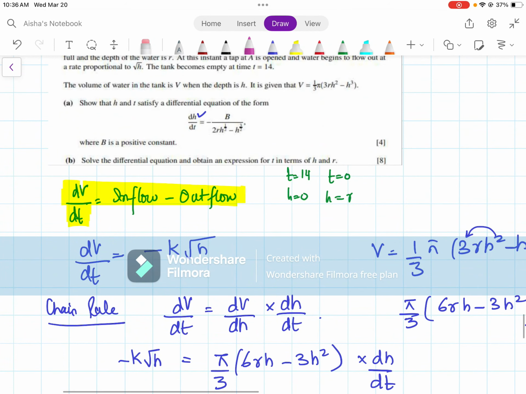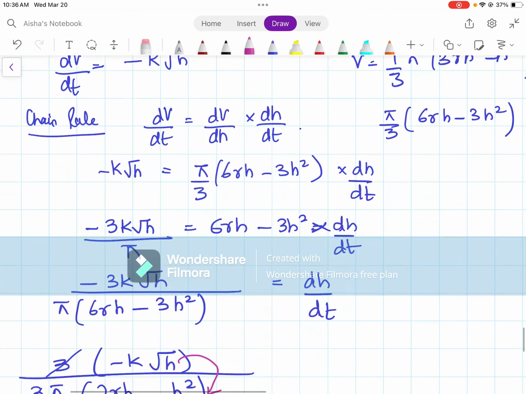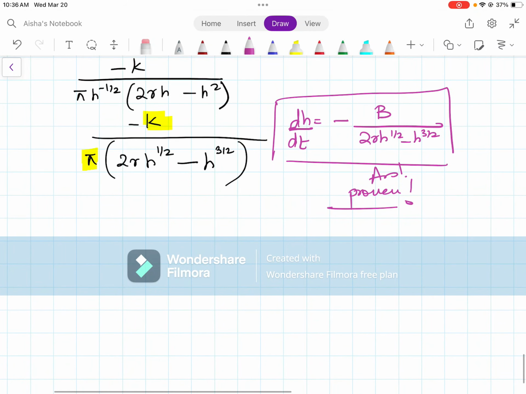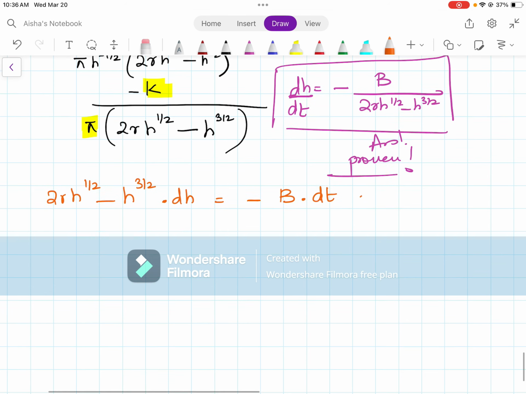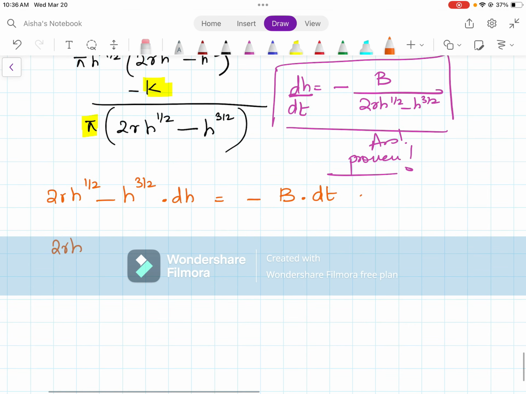Now solve the differential equation and obtain an expression for t in terms of h and r. Solution means that you first apply separating variables. Half plus 1 is 3 upon 2.